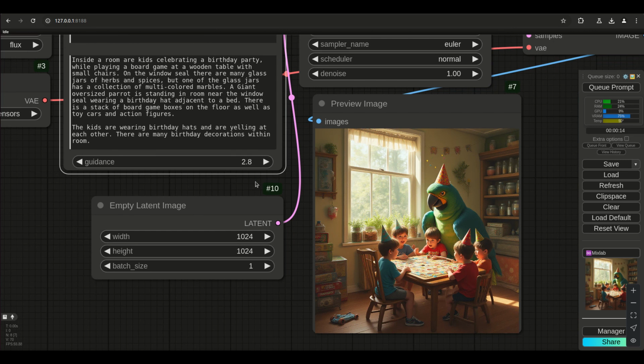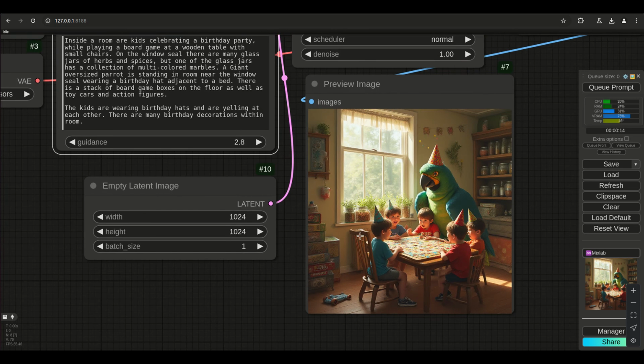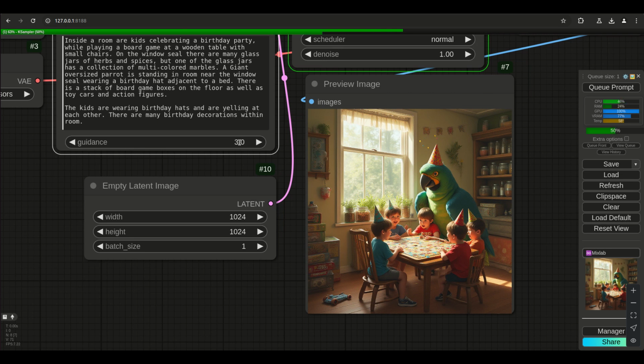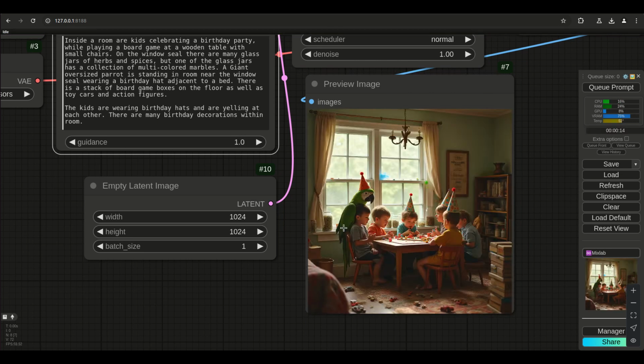As you lower this number, around 2.8 or something like that, it gets a little bit more realistic. Again, I don't have the definition up that high, and as you go higher, it has a tendency to get a little bit more cartoony. But if you go as low as 1 or something like that, you're not going to get anything that refined. Just keep that in mind too. You can't go too low with it, but it really doesn't do much after 3.5.